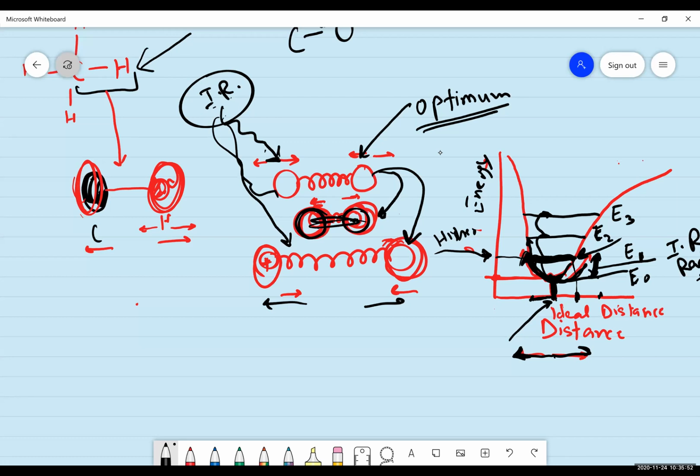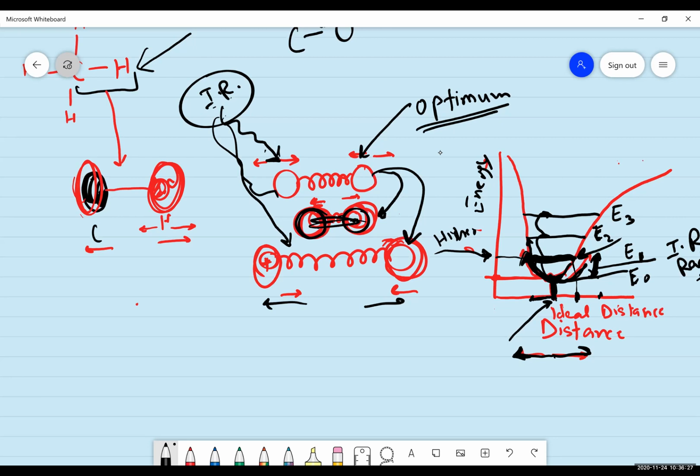When infrared radiation falls on a molecule, the bonds absorb that energy, which gives them enough energy to go from the stable level, where the bonds are at optimum distance, to either a compressed or an expanded level. Both cases require more energy, and that energy comes from infrared.